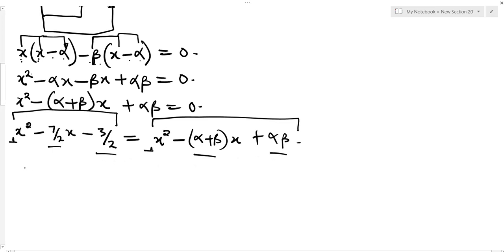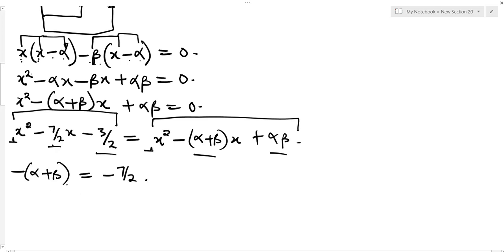So that means for this one, you have minus alpha plus beta equal to this one here, which is minus 7 over 2.